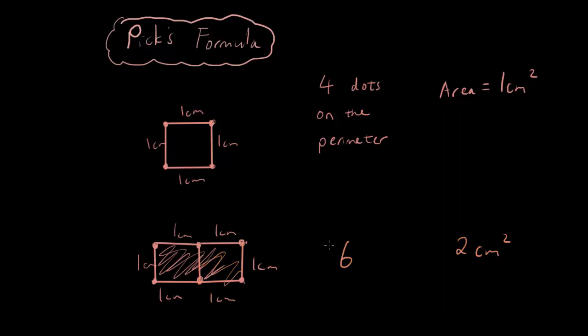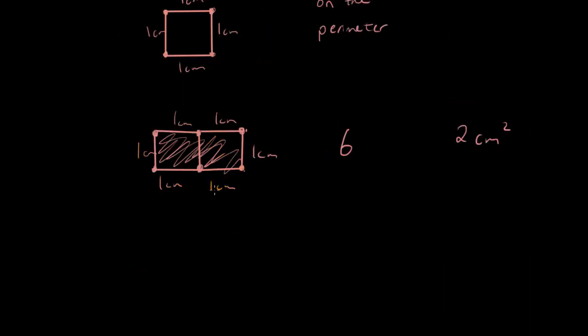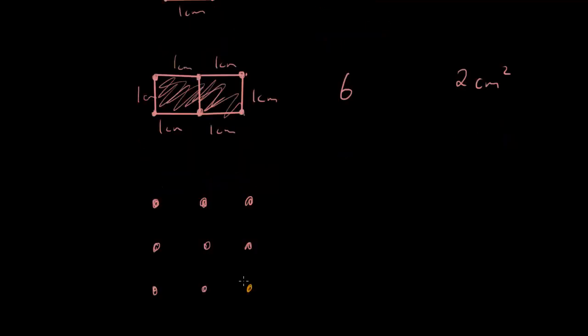Okay, and now let's make this shape even bigger. So now I have 9 dots, all 1 centimeter apart from each other, and I'm going to draw a square around the 9 dots.